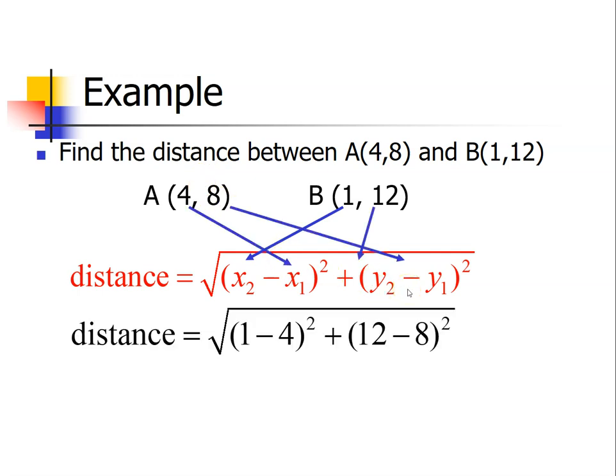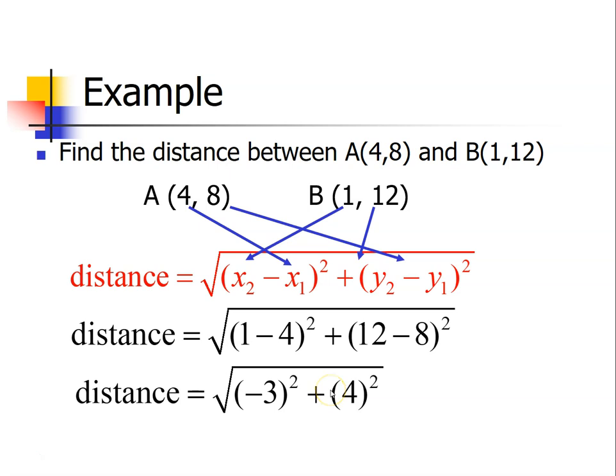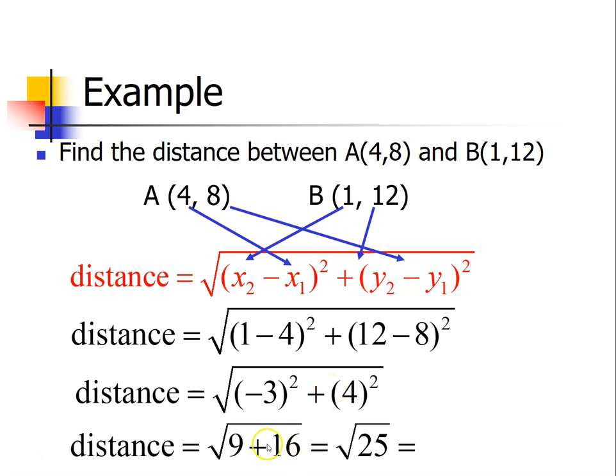So we have 1 minus 4 squared plus 12 minus 8 squared. Whatever you do there, if you subtract and it is squared, the result will still be a positive number. Therefore we have 9 plus 16, which is equal to the square root of 25, and the square root of 25 is equal to 5. Therefore the distance between A and B is 5 units.